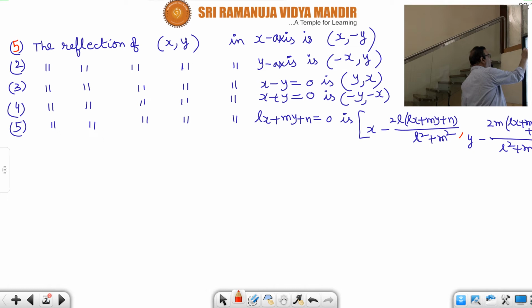What is the difference between fifth formula and first formula? Say instead of, I'll remove this point x comma y. In its place, I'll put the line ax plus by plus c is equal to 0.